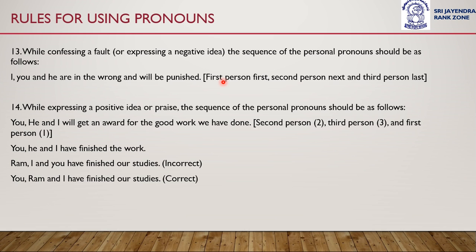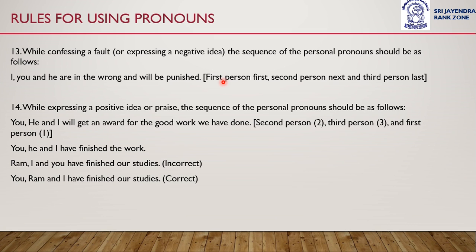Let us move on to rule number 14. While expressing a positive idea or praise, the sequence of the personal pronouns should be as follows. You, he, and I will get an award for the good work we have done. So you can observe here that the sequence is second person first, followed by the third person, and the first person would be at last.